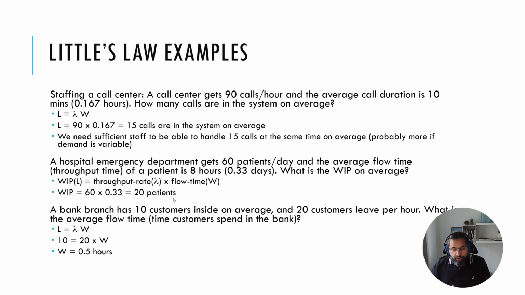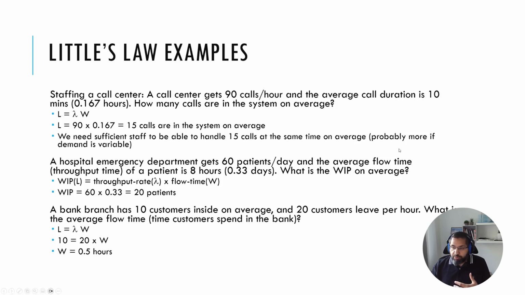Another way this theorem is used is to figure out the throughput time, because that's the time a customer spends in the system. So when you design service operations like bank branches, healthcare facilities, and especially things like bank branches where people can switch to a different bank if they're not happy, customer experience takes on higher importance, and the throughput time is very central to customer experience, because if the customer spends too long doing something simple, they're not going to be happy, right?